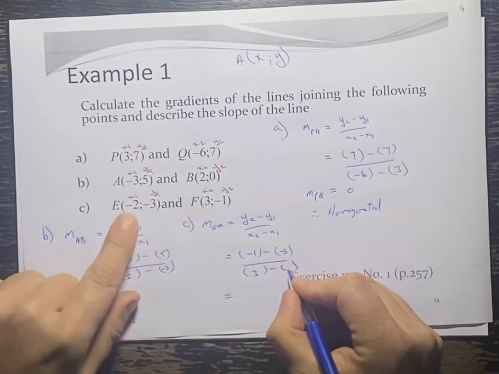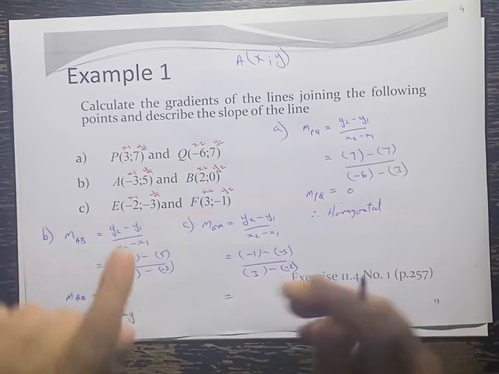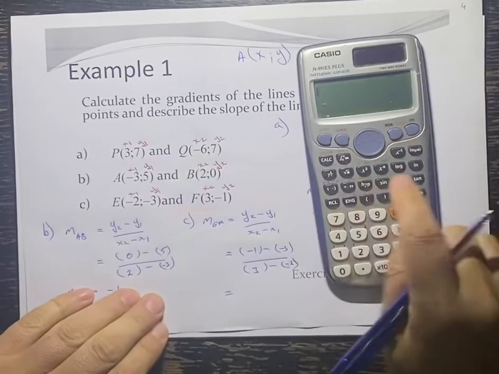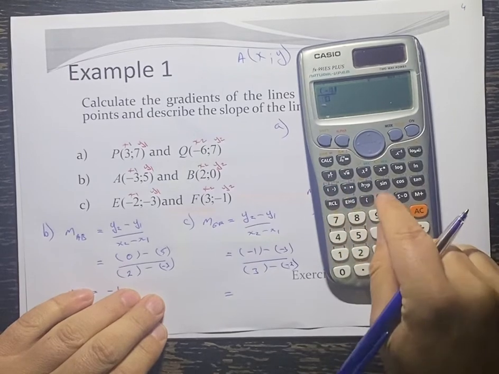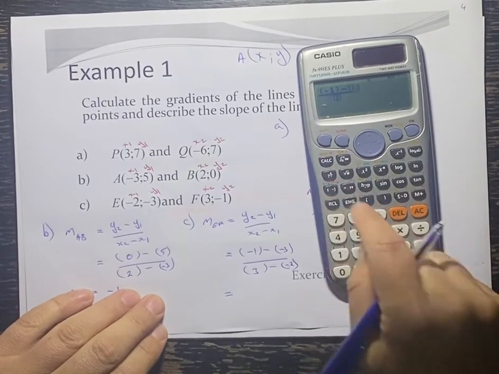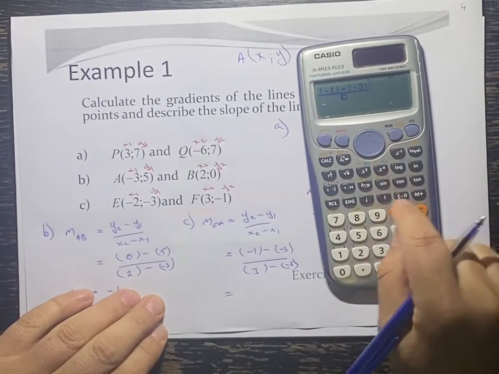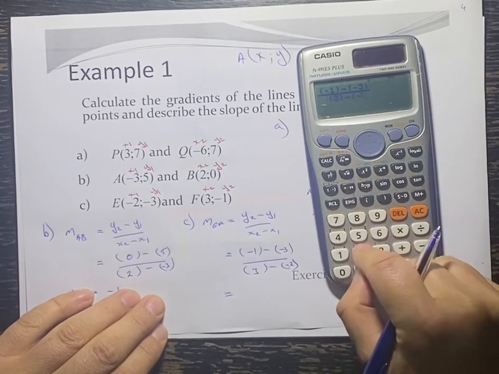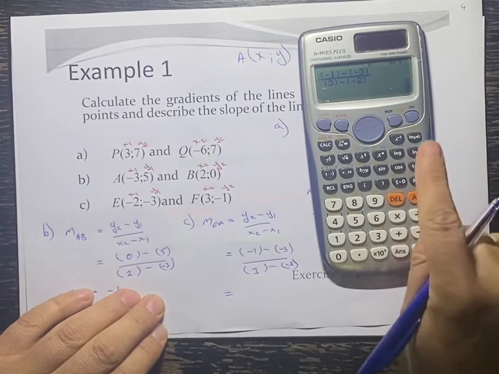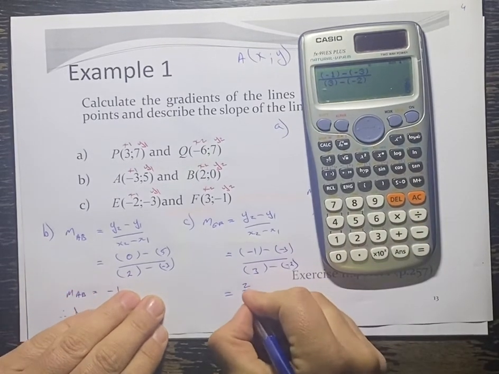And our x1 value is minus 2. We'll work this out on the calculator, and we get 2 over 5.